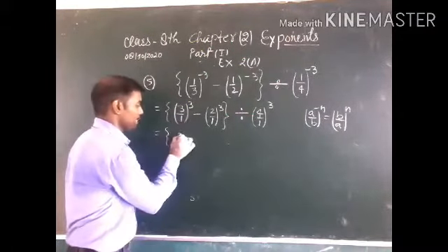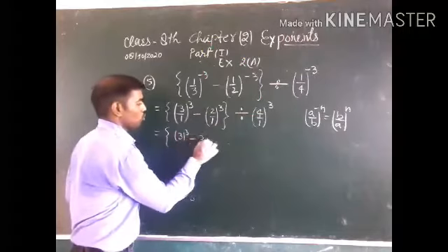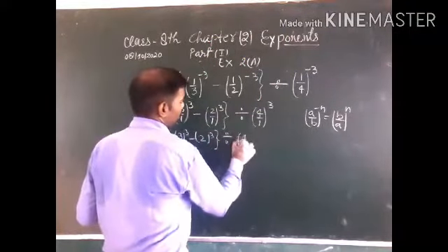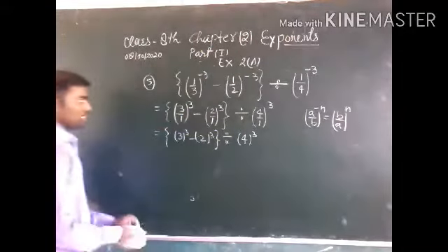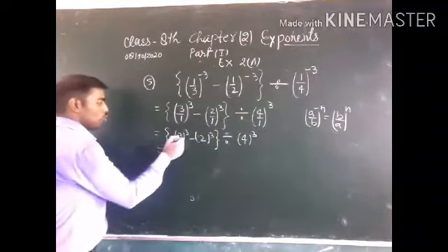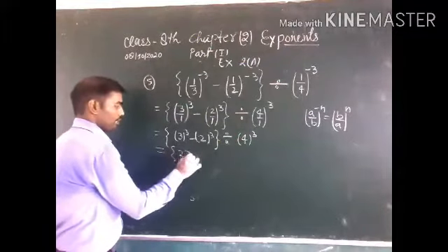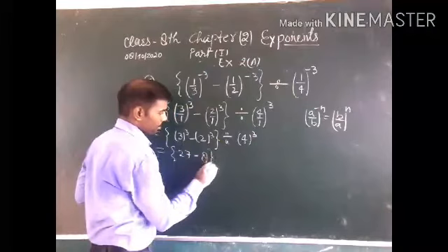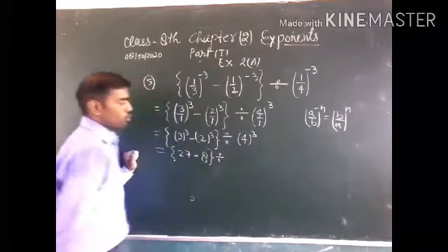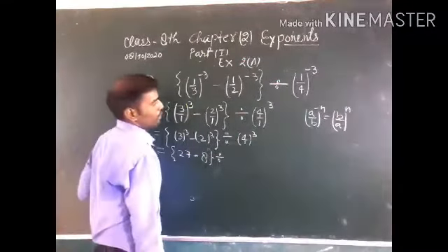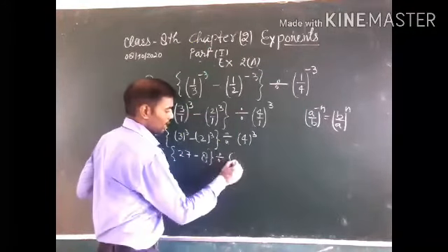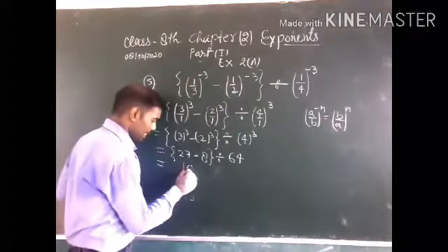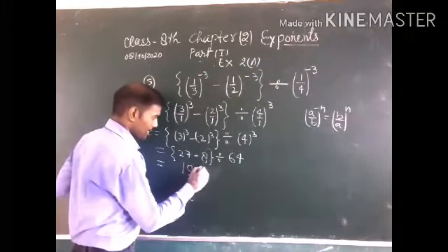This means 3 cubed minus 2 cubed divided by 4 cubed, because 1 has no effect. 3 cubed is 27, minus 2 cubed which is 8, divided by 4 cubed, that is 64. That means 27 minus 8 is 19, divided by 64.